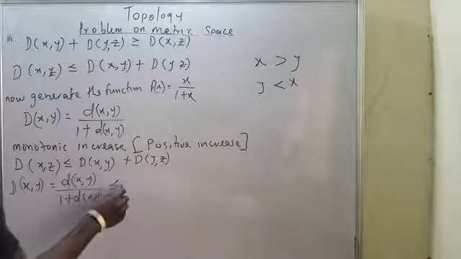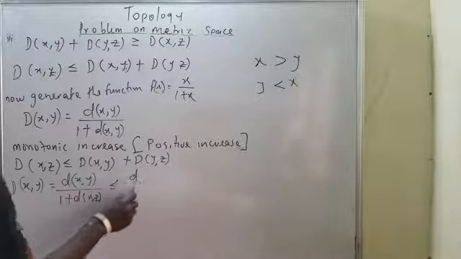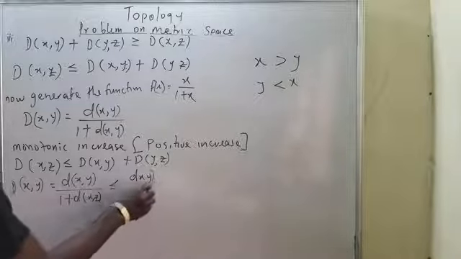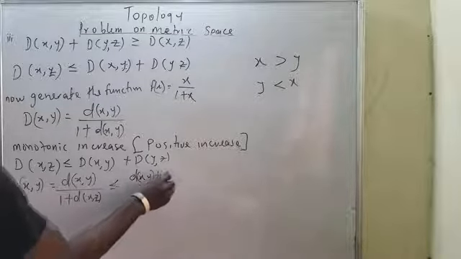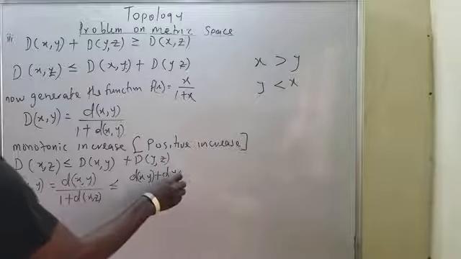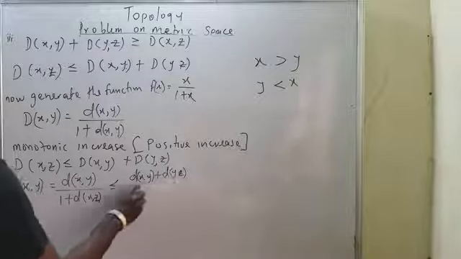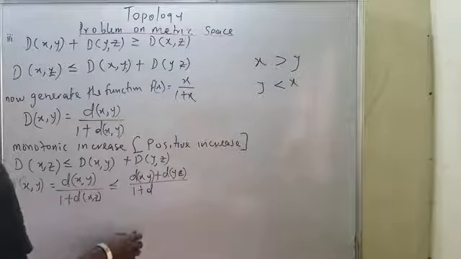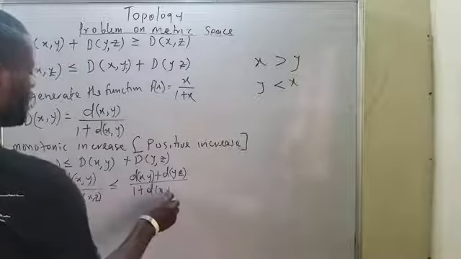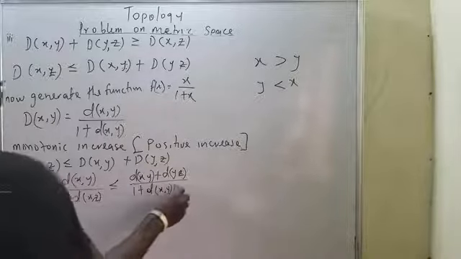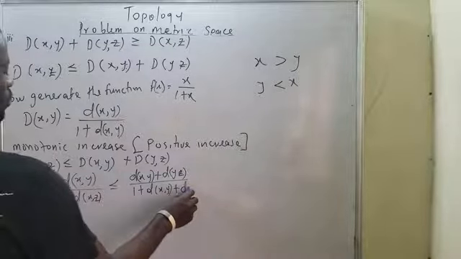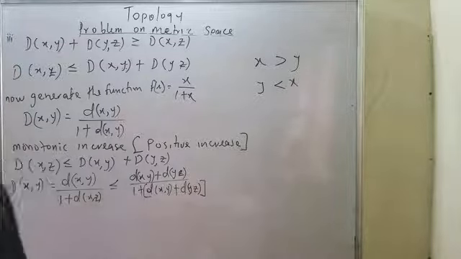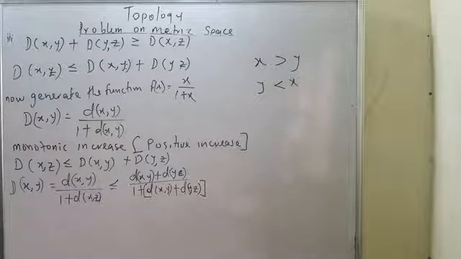I have d of xy plus d of yz divided by 1 plus d of xy plus d of yz. That is what I'm trying to do.